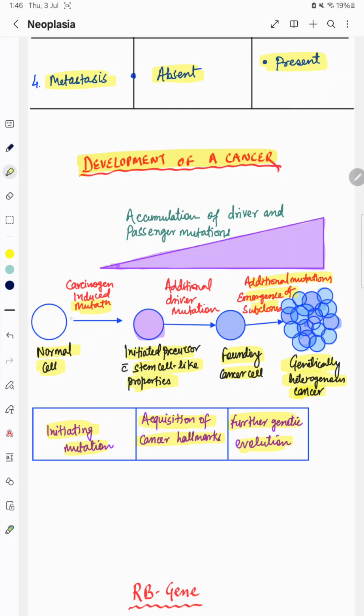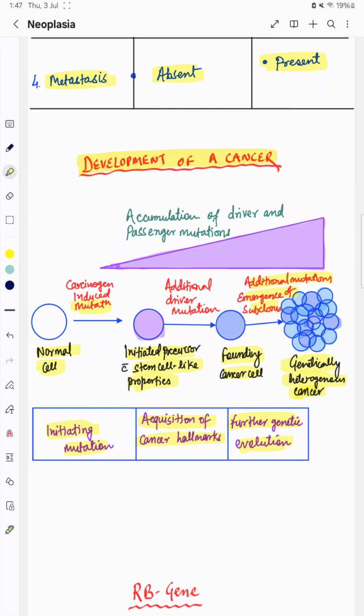As we can see, from normal cell to genetically heterogeneous cancer cell, there will be accumulation of driver and passenger mutations throughout this process. So genetics plays an important role, or we should say mutation plays an important role in the development of cancer.